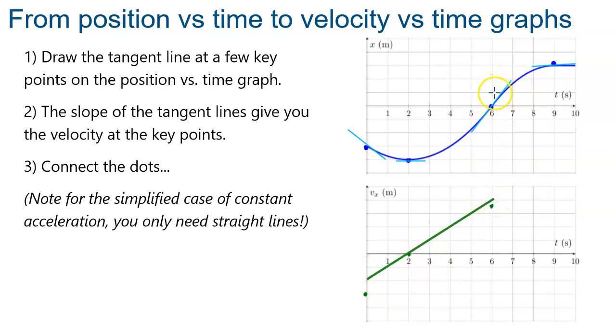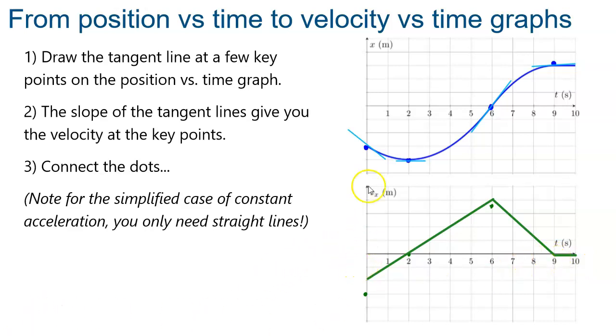And then if I look at what's going on afterwards, at 9, I'm back with the 0 slope. So as I leave the 6 seconds and I go back to 9, it should be looking like this, so that I'm back at 0. And then finally there's a little last stretch in here that should be right on top of the 0 line because the position does not change for this part, so the velocity should be 0.